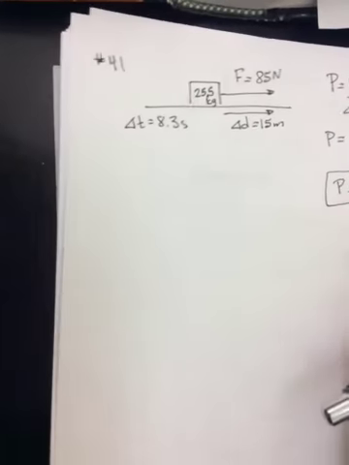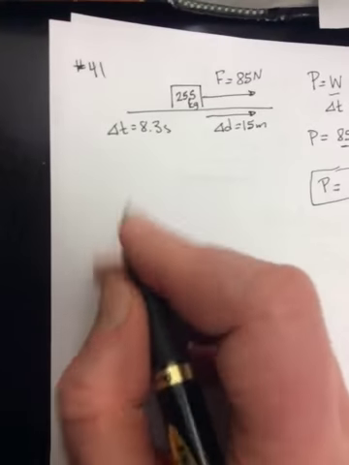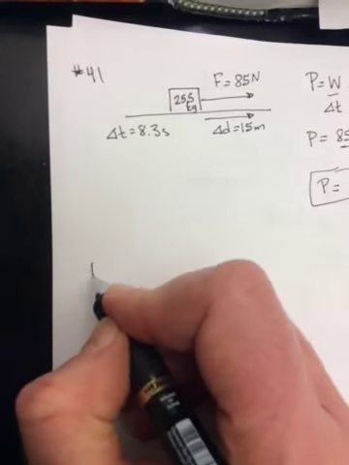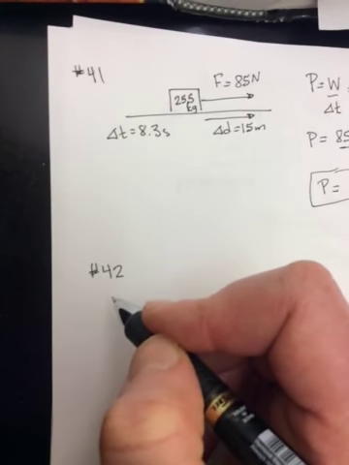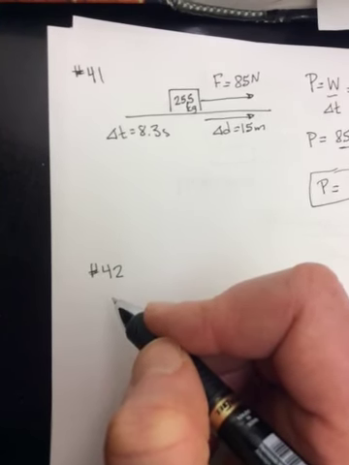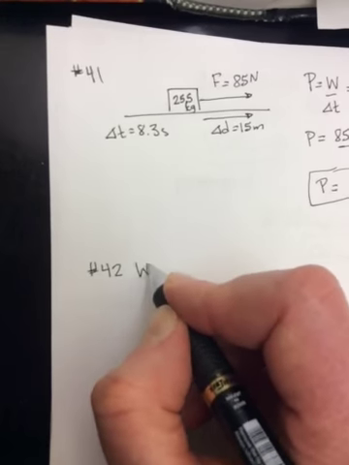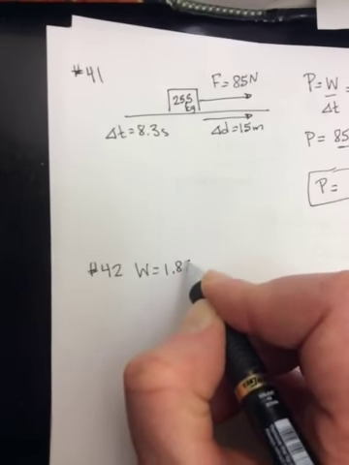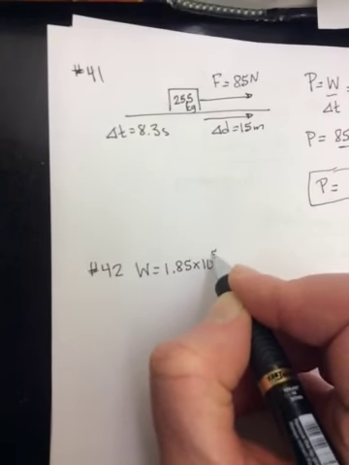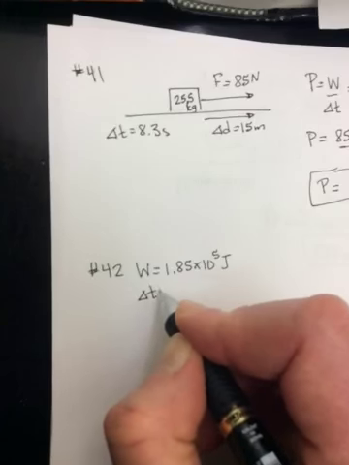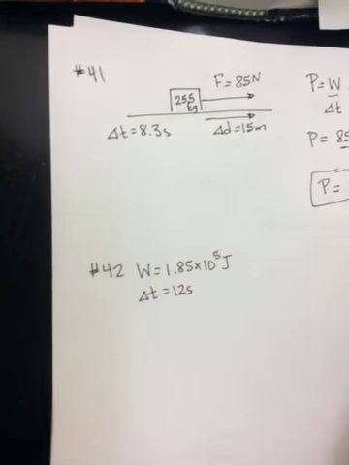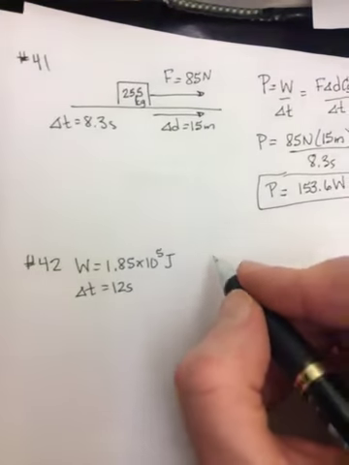Number 42, a chairlift. A chairlift carries skiers uphill to the top of a ski run. The lift is able to do, and it's going to give us work, 1.85 times 10 to the 5th joules of work in 12 seconds. Delta T is 12 seconds, and the question wants to know what's the power.